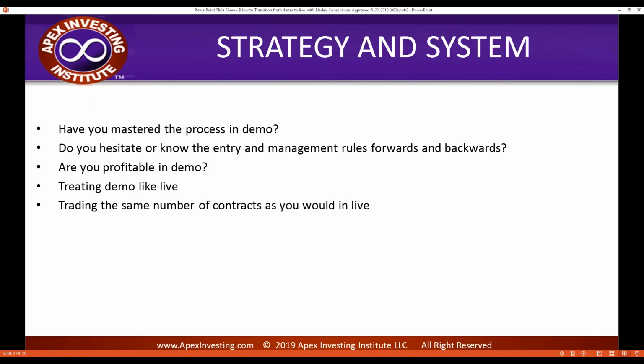And that's a really big thing we want to talk about, because you'll realize that a lot of this is mental. So the first thing to do is start with the non-mental. I've seen so many people be excited about trading, be excited about Nadex.